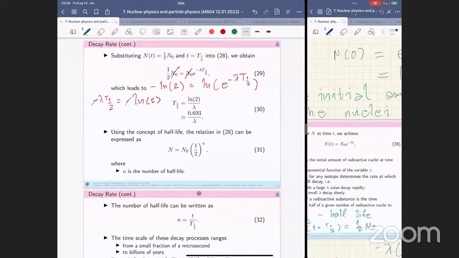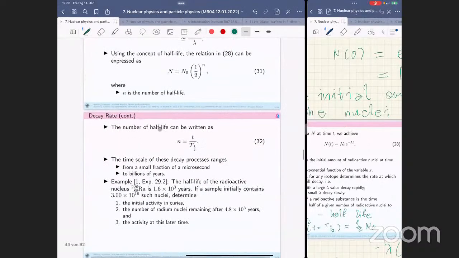The number of half-lives can also be found from any time you want to observe divided by the half-life, the time that the nuclei disappear by half.